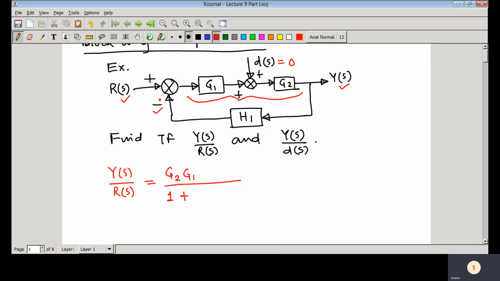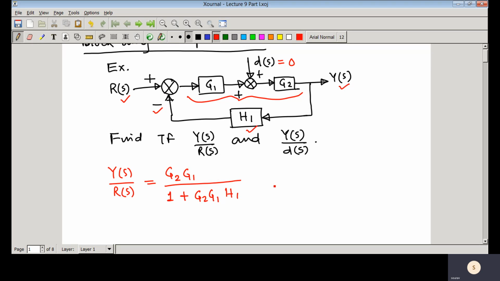In case of positive feedback, here it would be negative. So 1 plus the forward path transfer function G2 G1, and that feedback transfer function is H1. So this is the transfer function.